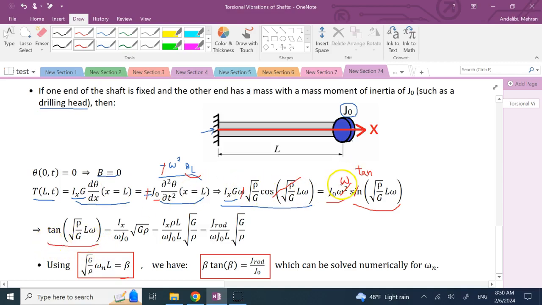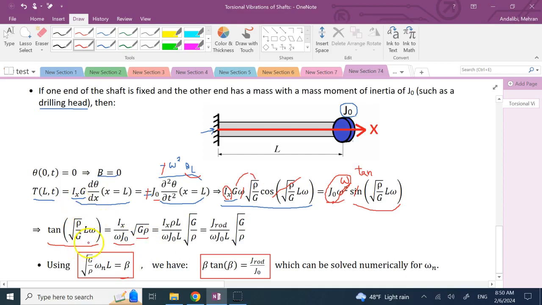Then you divide both sides by this J naught omega that is remaining. So it is going to be Ix divided by J naught omega. And then this G and that square root rho over G, you simplify, it becomes square root of G times rho. So you get that.